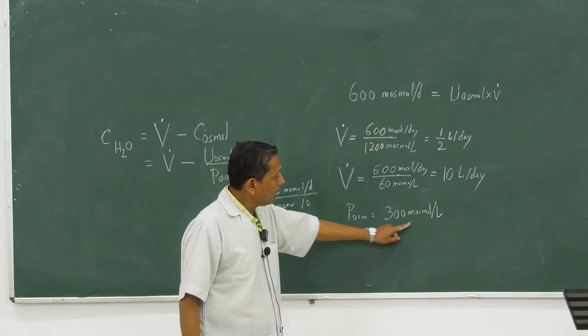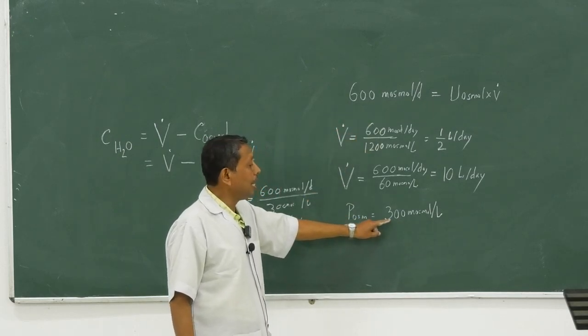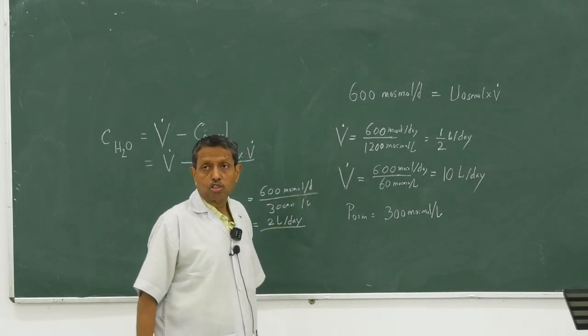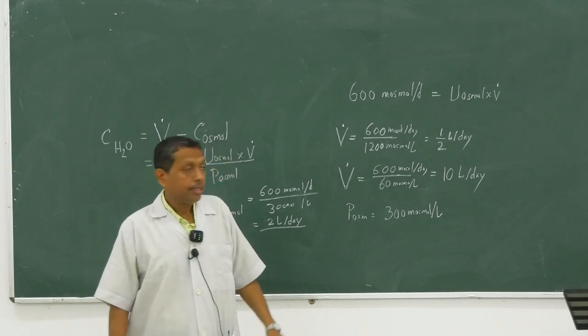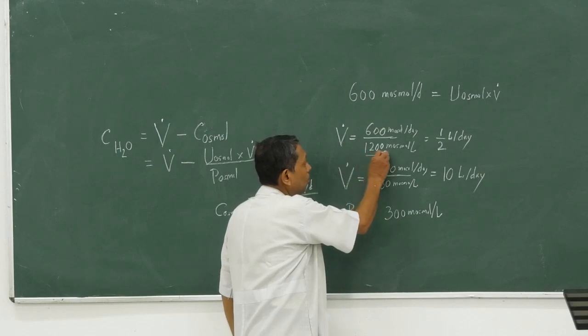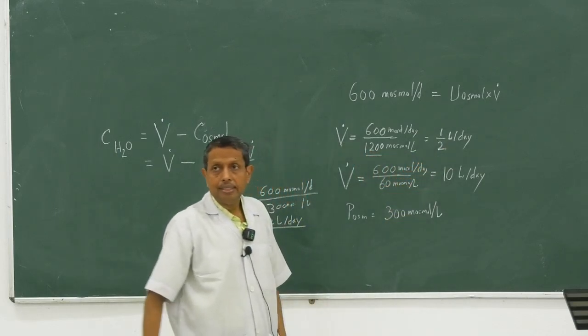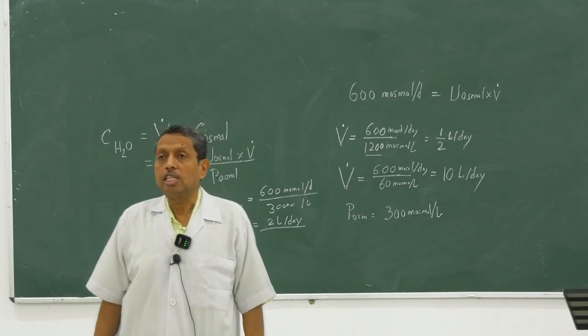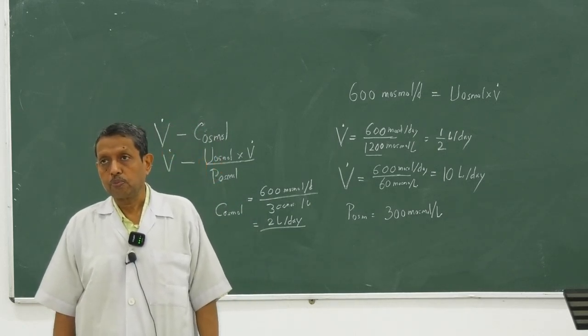Plasma osmolarity, for ease of calculation, you take 300 milliosmol per liter. Whenever the maximum concentration of urine is possible, 1200 milliosmol per liter, within half liter per day they can eliminate this 600 milliosmol. Clear?